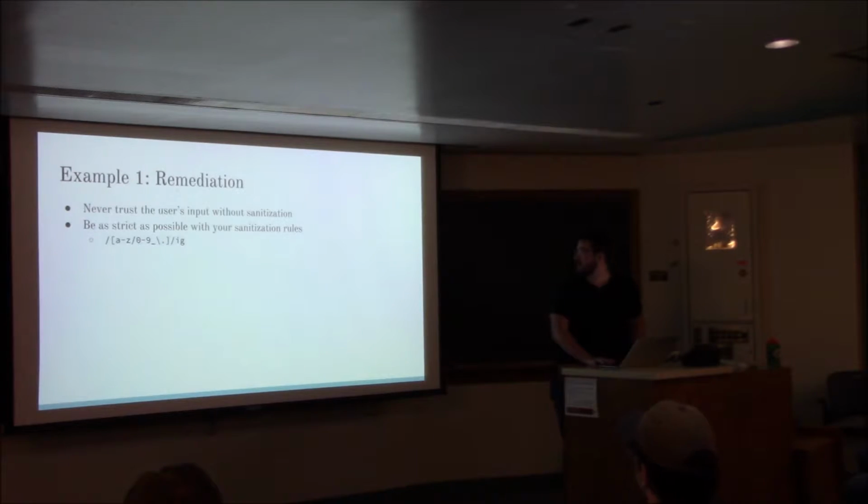Why did you do that again? Okay. So the proper remediation for this one: never, ever, ever take input from a user and not sanitize the crap out of it. Be as strict as humanly possible when you're doing your sanitization.